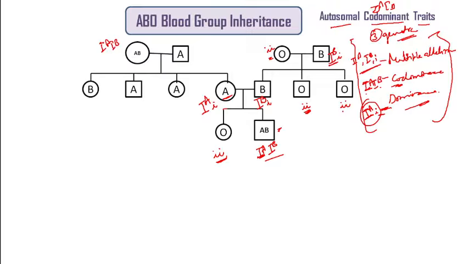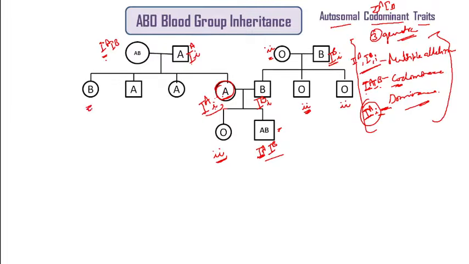And similarly here, this person would have inherited one small i from the father and IA from the mother. IA, small i: this particular individual would have inherited small i from here and IA from here. Now, another possibility of the allele present here is IA, small i.